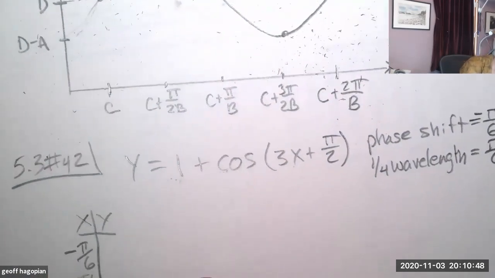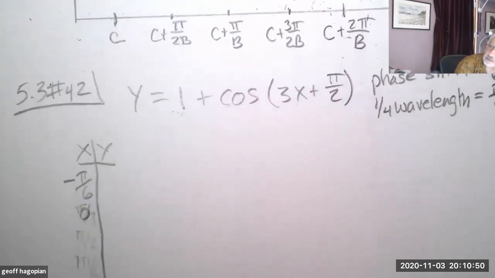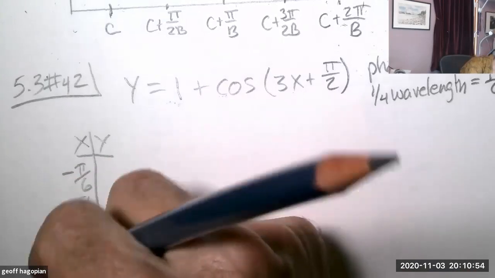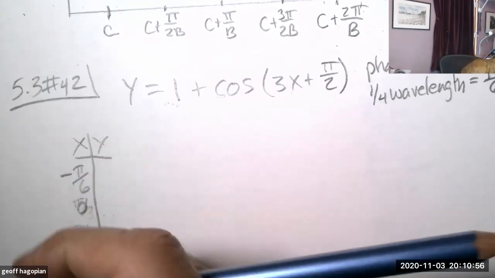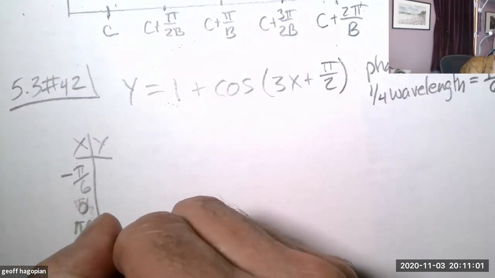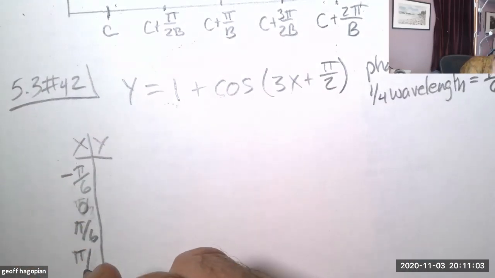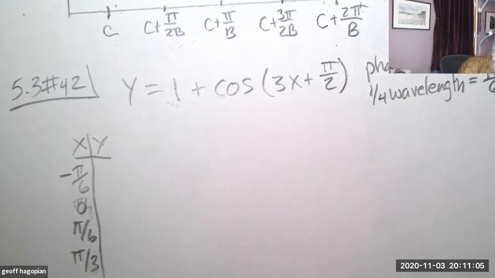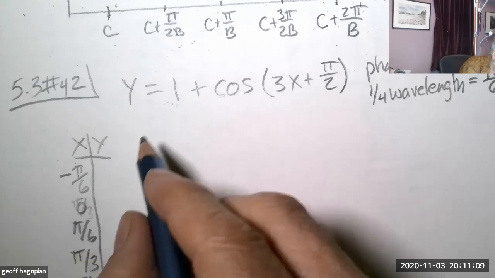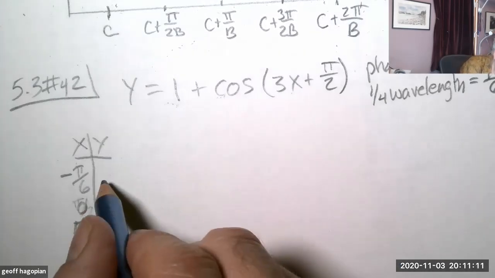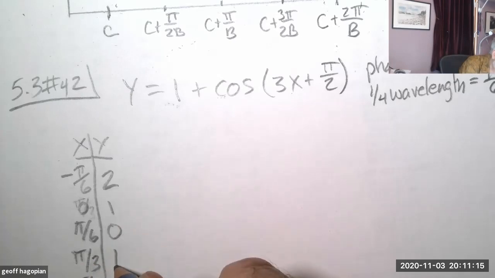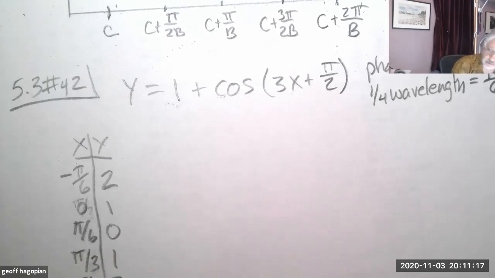So that's going to be 0. So 0, pi over 6, 2 pi over 6 is pi over 3, and 3 pi over 6 is pi over 2, right? So we're going to start at a peak, which is 2, go to equilibrium, hit a trough, back to equilibrium, back to where we started at the peak.